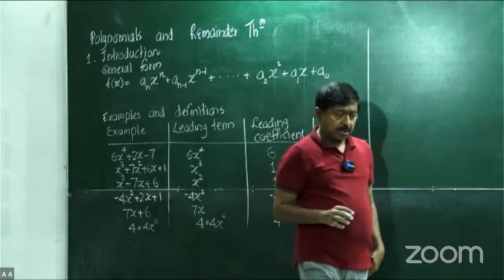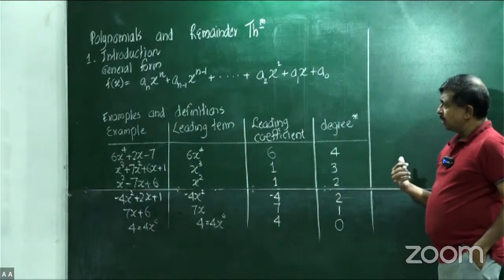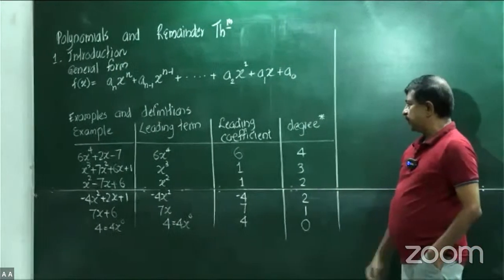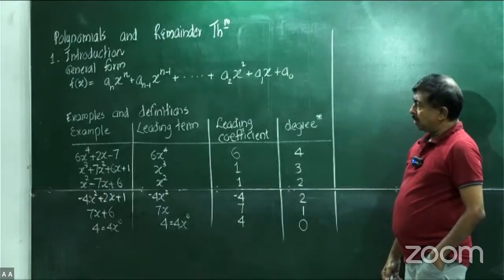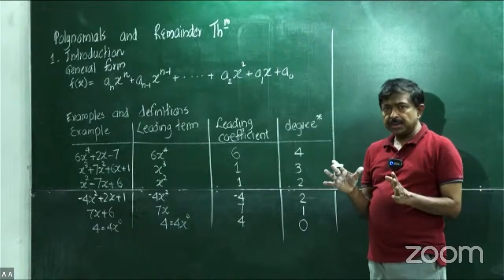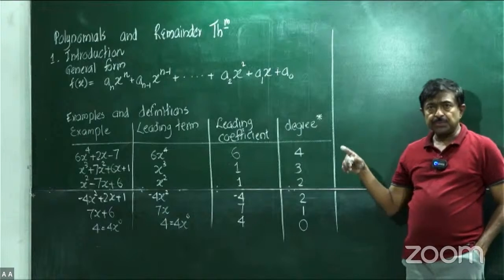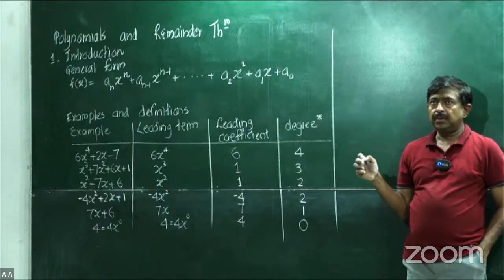Now, after looking into this general form and examples, definitions, we can understand the similarity between polynomials and integers. And in the first place, you need to know why we learn this.